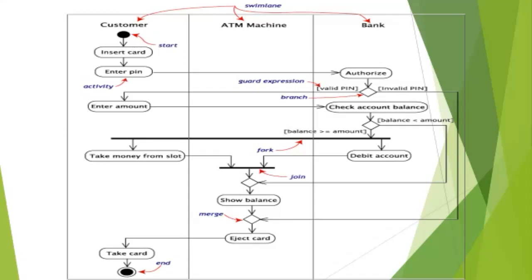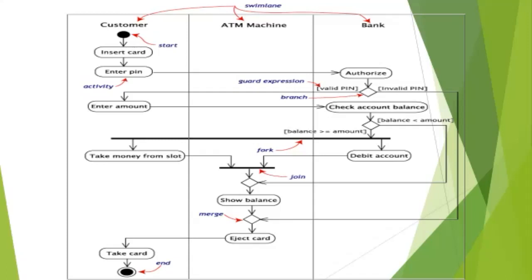Similarly, if the PIN is valid, the customer goes to enter amount. After entering the amount, it again goes to check account balance. If there is a sufficient balance, then withdraw amount. If the balance is not sufficient, then go to show balance.